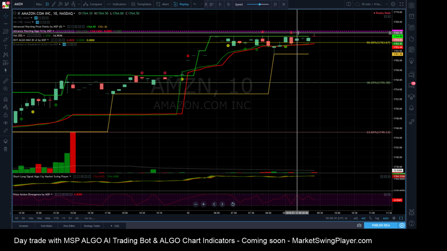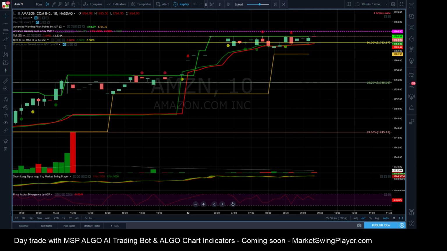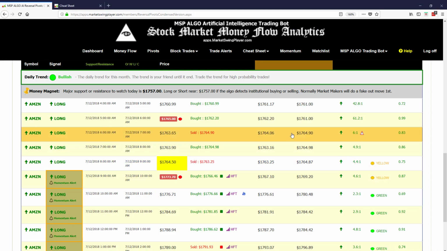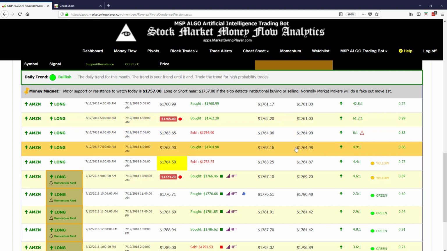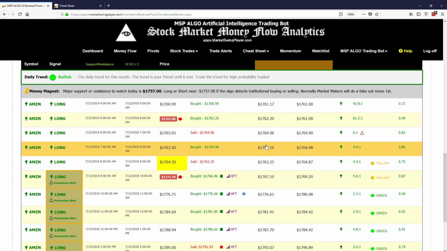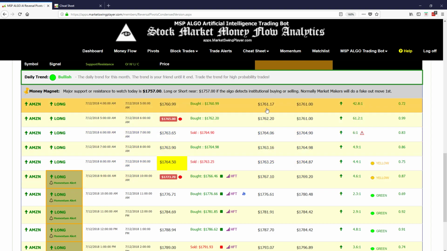Let's look at where they were buying before the market opened up, right? So we could see about 1761, 1762. We want to try to go with the lowest.